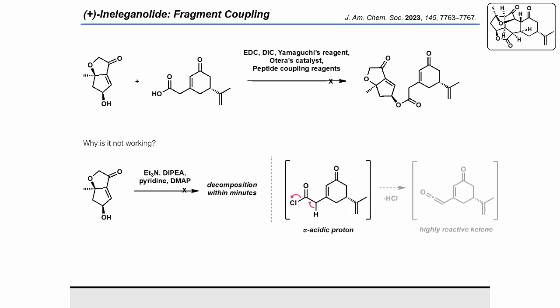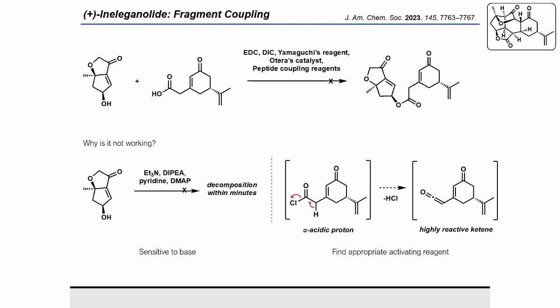Upon elimination, this pathway could reveal a highly reactive ketene that engages in non-productive side reactions. These two problems we identified, the high sensitivity of our enone to base, and the challenge of finding an appropriate activating reagent, posed a great challenge.